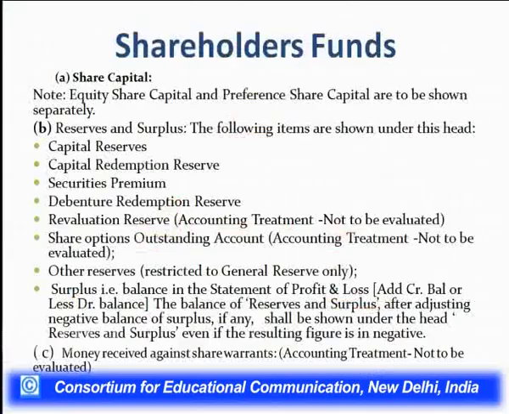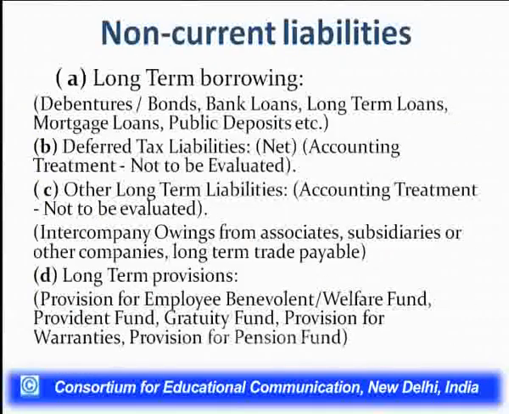Let's move forward. The last item in this shareholders fund is money received against share warrants. Money received under share warrants, again we need to show it separately, but we are not going to add it up. Now let's go to the second head, non-current liabilities.